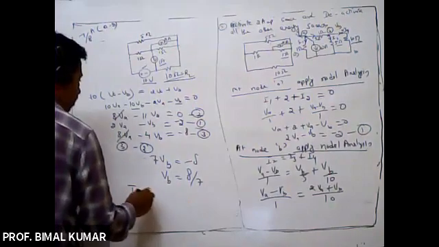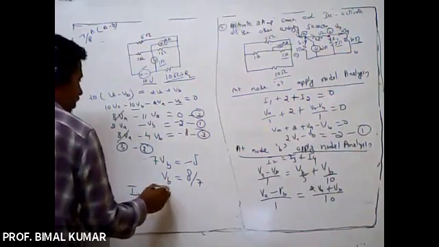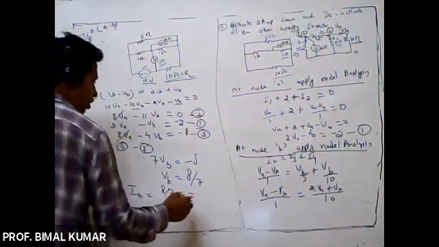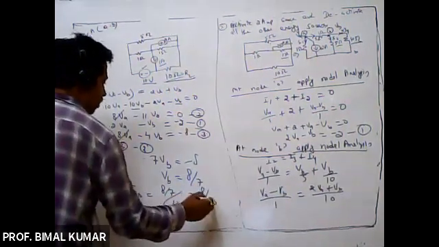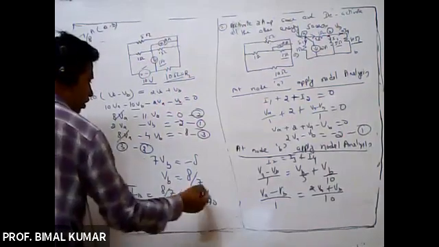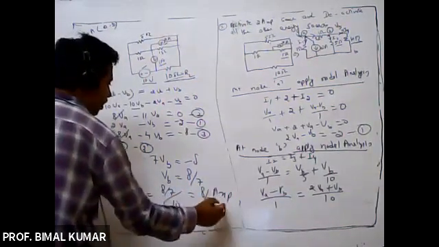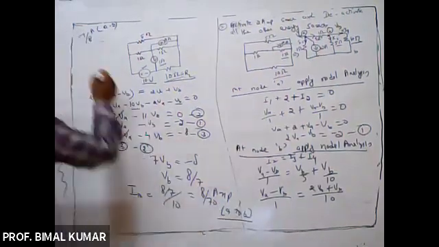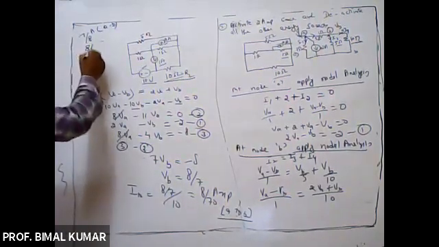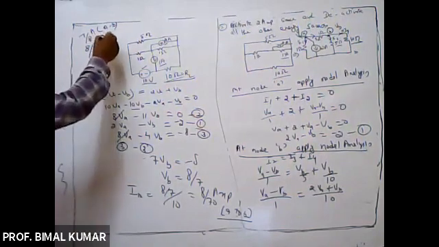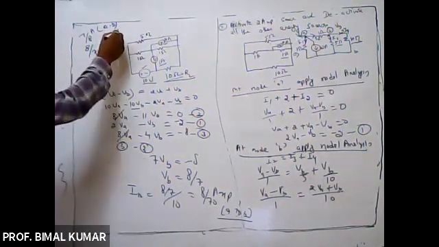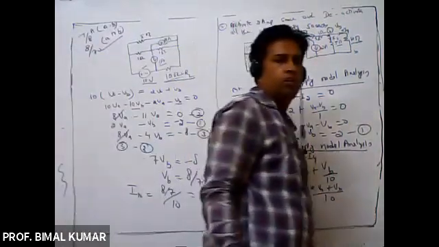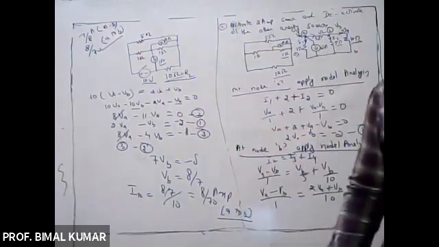I10 is equal to V by R, 8 by 7 over 10. So that will be 8 by 70 ampere. And here direction will be again from A to B. You may calculate that in terms of decimal.